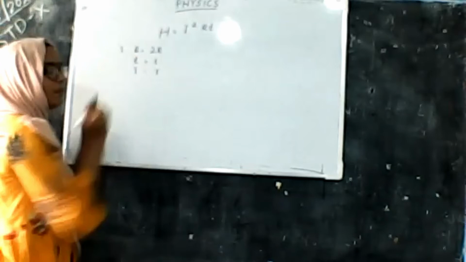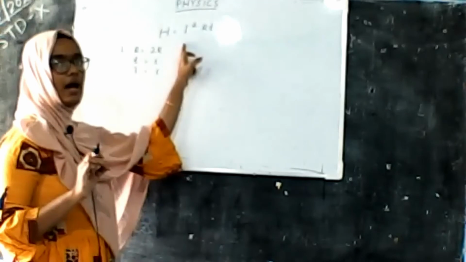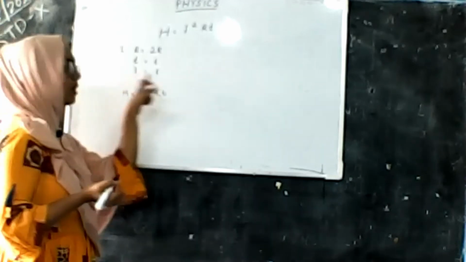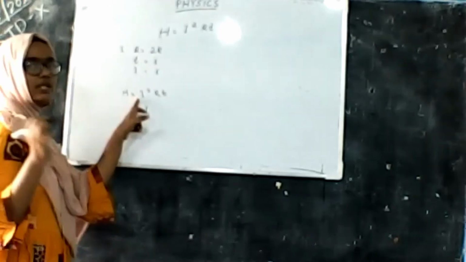Then put all these values into the equation H is equal to I square RT, and find the heat energy produced. What is the current here? I is equal to I, so I square.